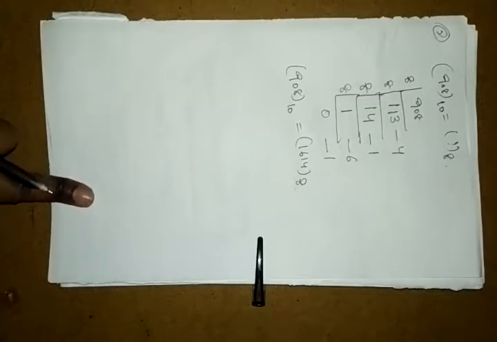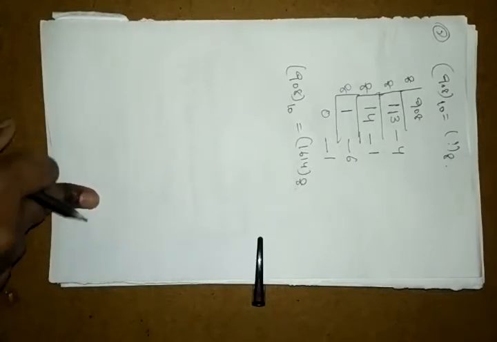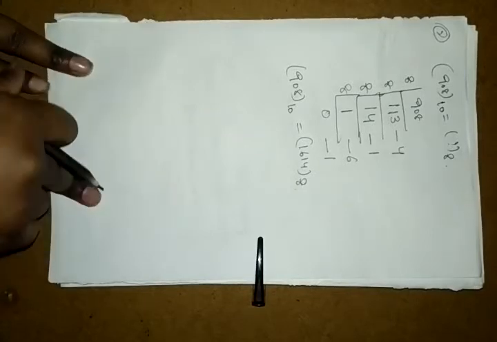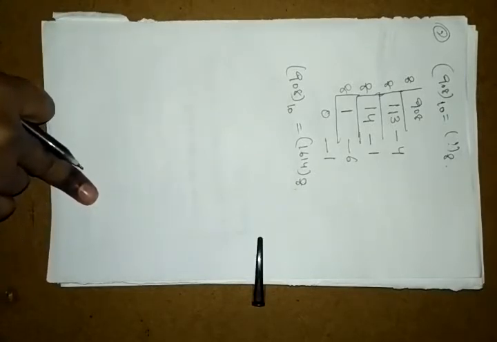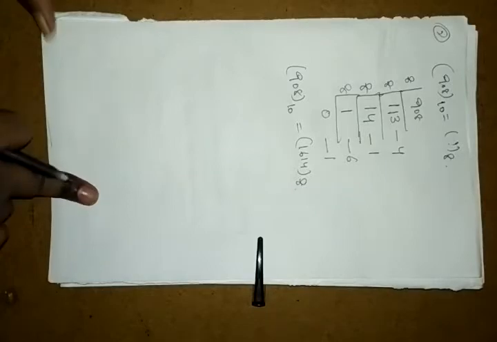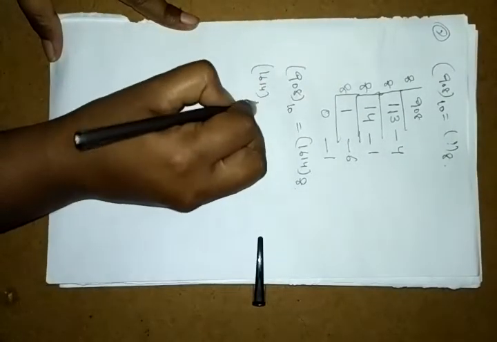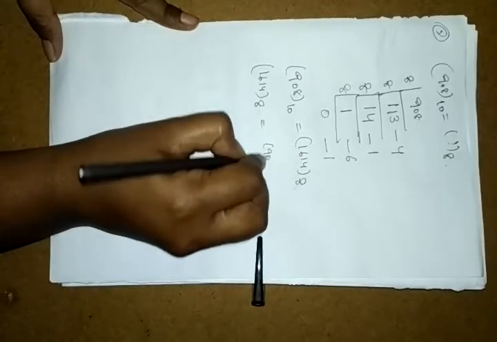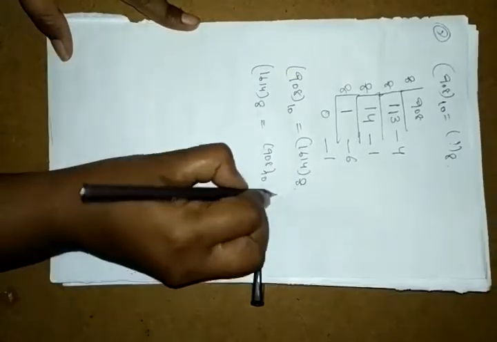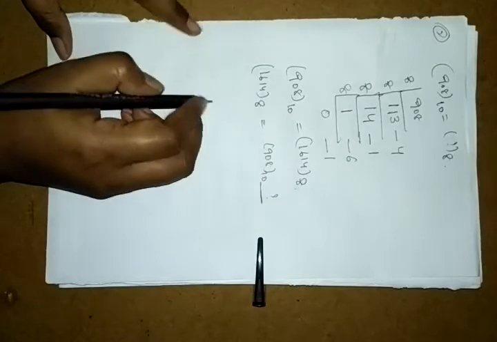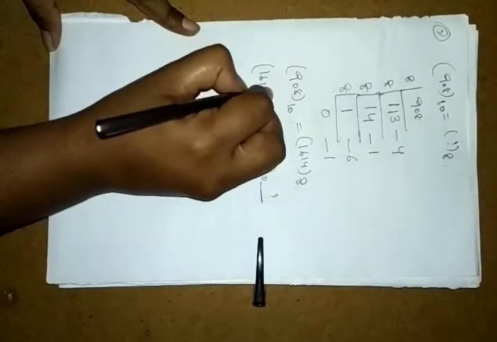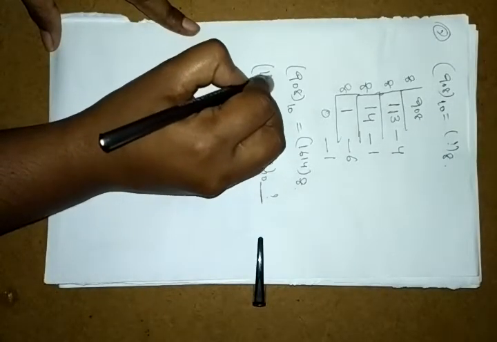Now you can check whether this is correct or not. We are checking whether 1614 base 8 equals 908 base 10. The place values are 8 power 0, 8 power 1, 8 power 2, 8 power 3.